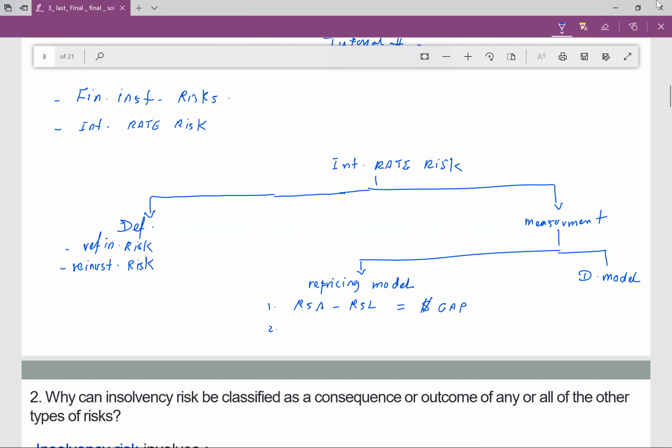Now, this dollar gap can be plus, minus, or zero. Once I get the dollar gap, I have to multiply it by the changes in the interest rate. Now, the changes of the interest rate will bring me the changes in the net interest income.